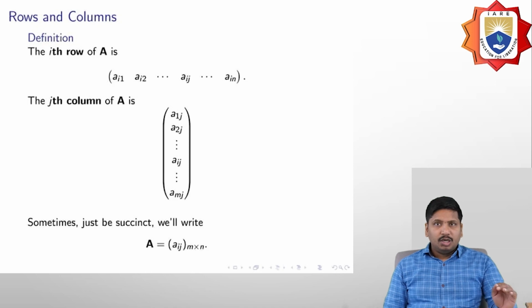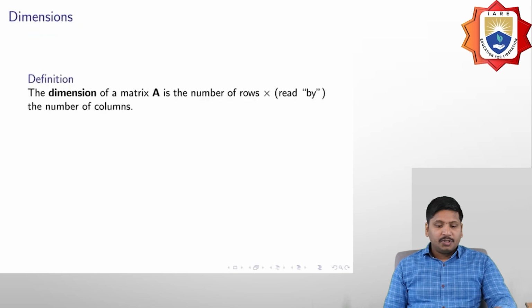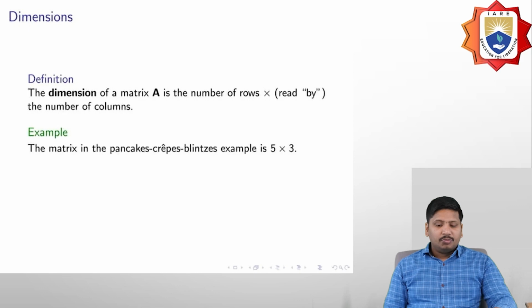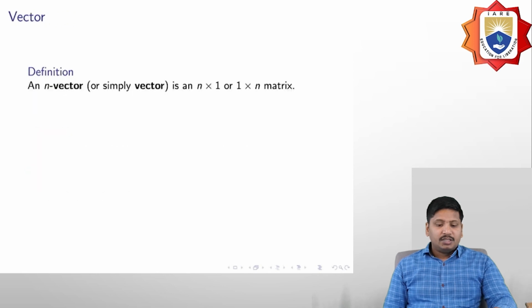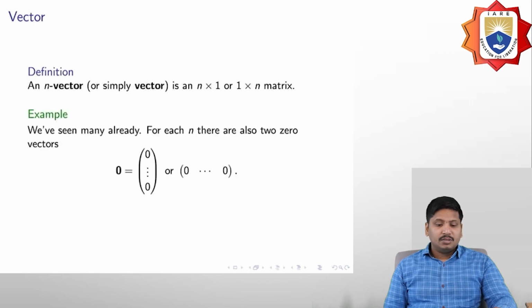Elements arranged side by side form a row, and the column is column wise. Dimension is the combination of rows and columns and is denoted with a cross symbol. A vector is a simple matrix of the type n by 1 or 1 by n.